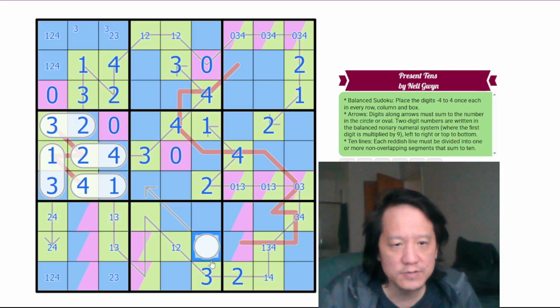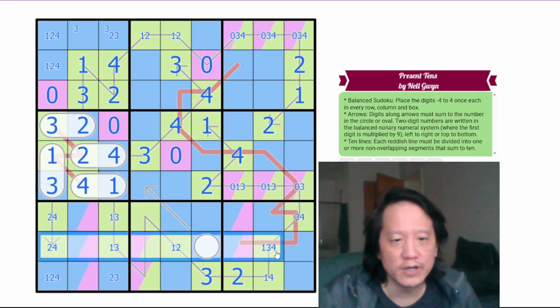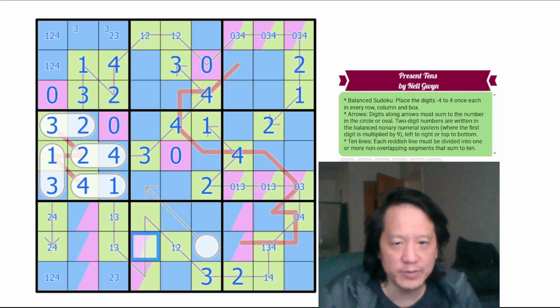This must be positive. In row 8, we have 4 positives. So this can't be positive. This is 0, which means this can't be 0. This is positive. This 0 eliminates 0 in the rest of the row. So these are both negative. This is 0 again.